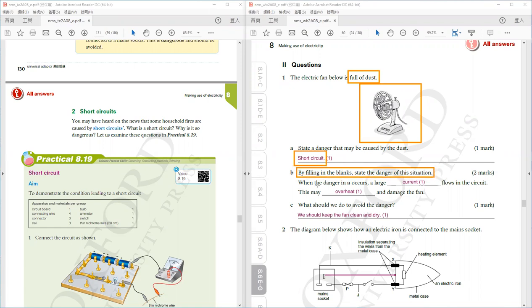For example, the current is too large, and this can cause overheating and damage the fan. Somehow, overheating may cause fire as well.